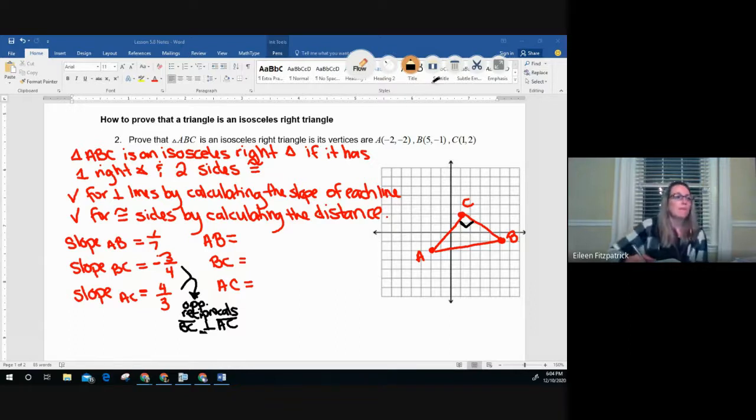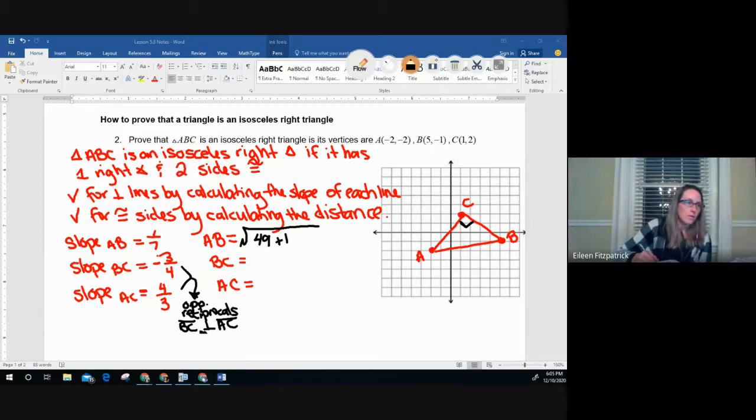All right, and then the distance. So using the distance formula, differences of the x's squared plus the differences of the y's squared, all under the radical. So differences of the x's, -2 minus 5, that's -7. -7 squared is 49. Now the y's, -2 minus -1, that's going to give you a -1. -1 squared is a 1.